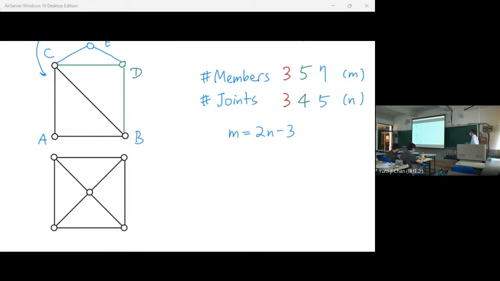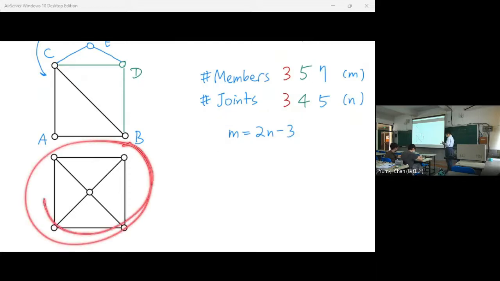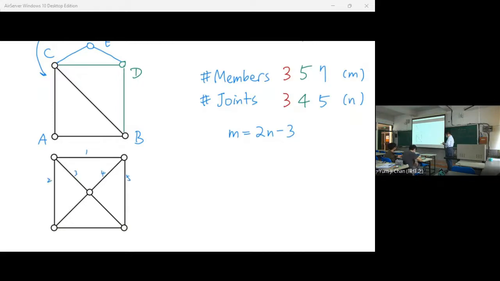Now, you may ask, what happens if the relationship between M and N is different from this? For example, in this shape, how many members do we have? 1, 2, 3, 4, 5, 6, 7, 8.